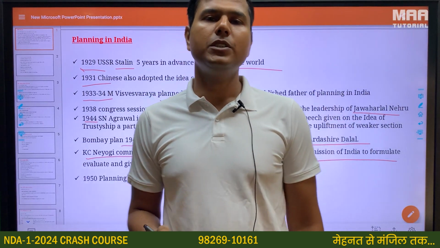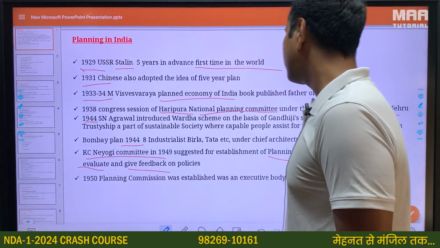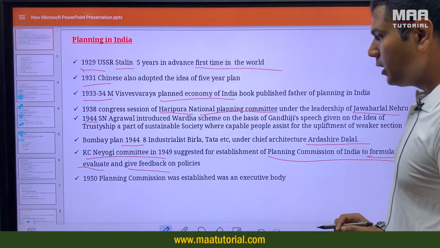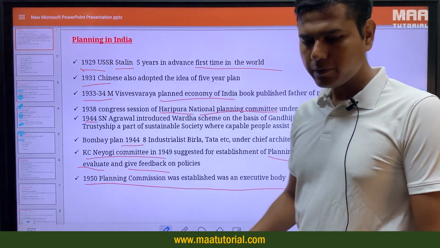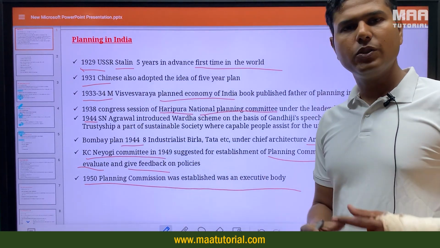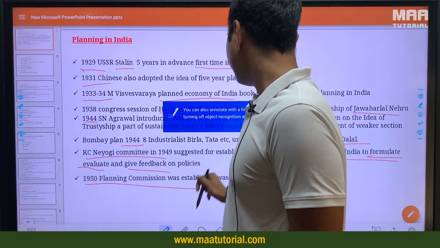Once there is a planning commission, this commission would help to evaluate, give feedback on the policies and also help in formulating the policies for the country. In 1950, the planning commission was established as an executive body. Once the planning commission was established, 5-year plans started coming into our country. So let's see.